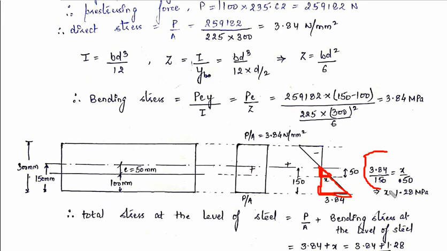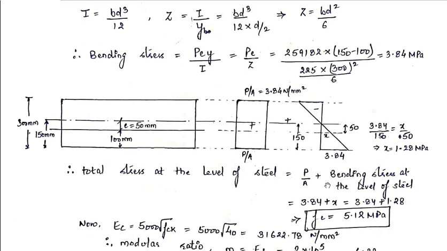So we will get this equation, and after solving this equation, the value of x will come out to be 1.28 MPa. So therefore the value of the bending stress in the concrete at the level of steel is 1.28 MPa. So therefore the total stress in the concrete at the level of steel will be P upon A plus x. So this will come out to be 5.12 MPa.